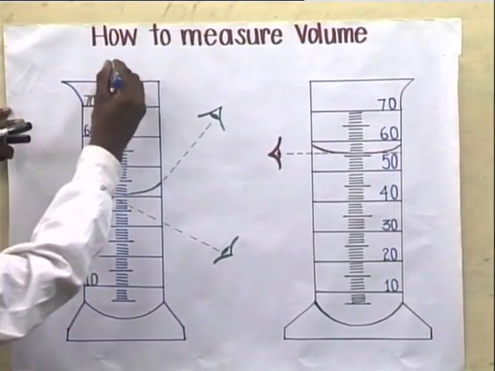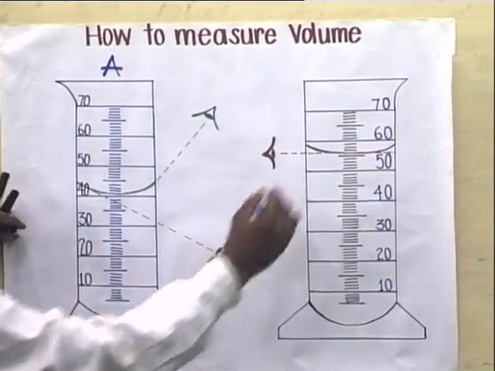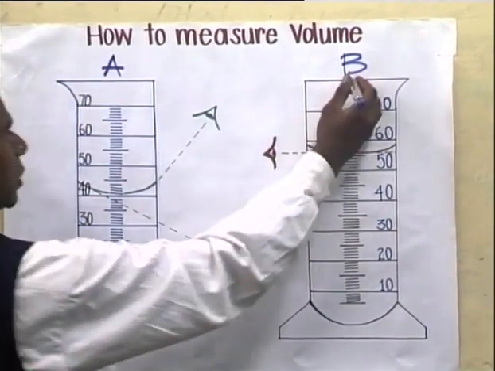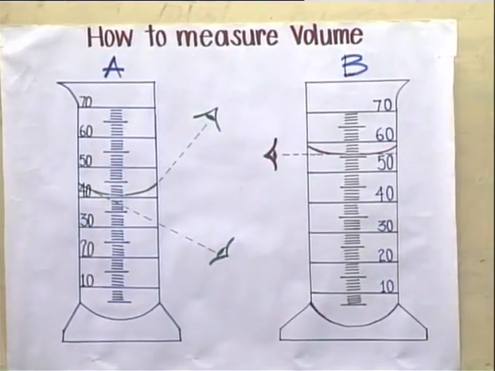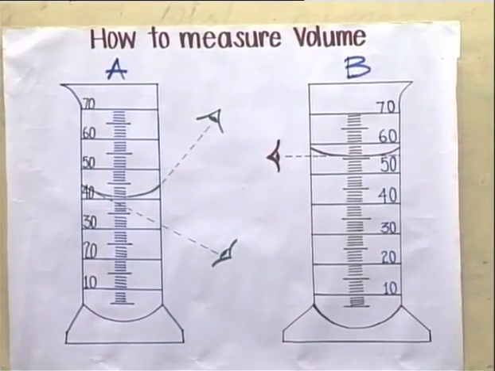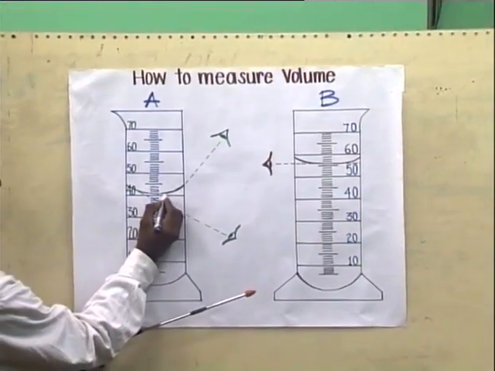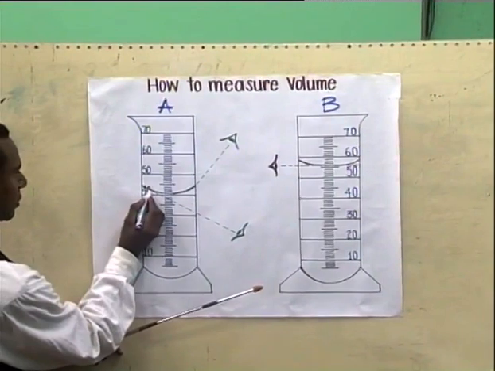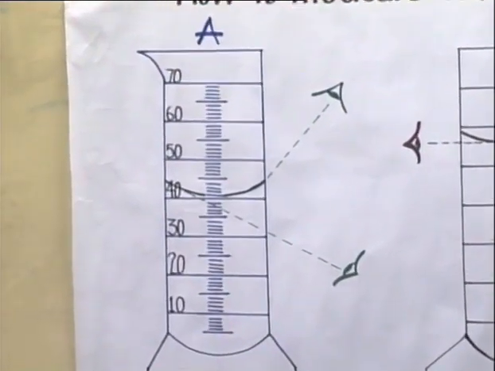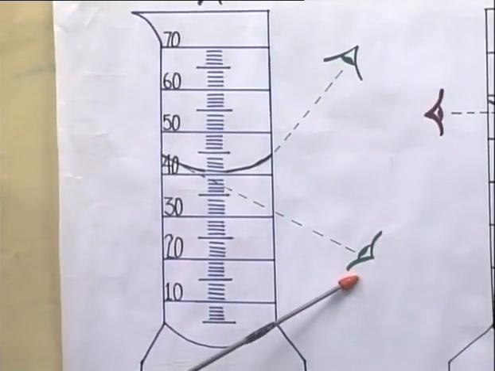We label this diagram A, and the next diagram, diagram B. Diagram A shows you the water level, and diagram B also shows you the water level. This here is your eye.